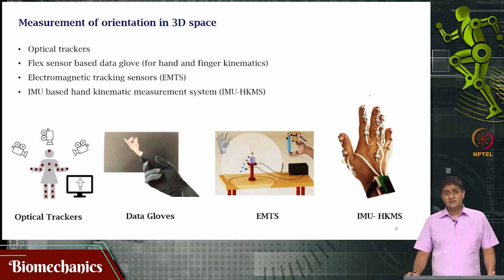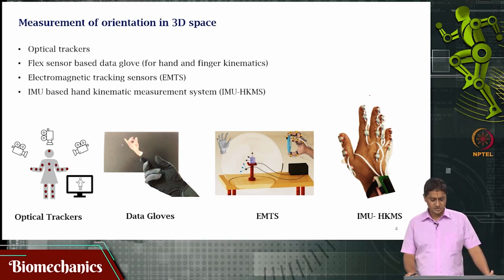Actually, there is no single method that comes across as best in all the situations. So your choice of the method of measurement depends a lot on the specific situation or the application and how much money you can afford to spend. There are many things that come into the picture.